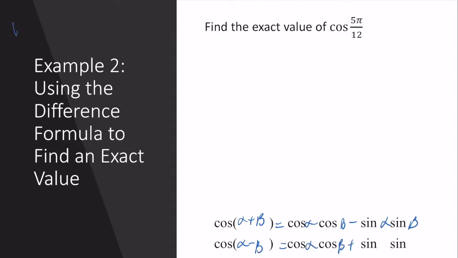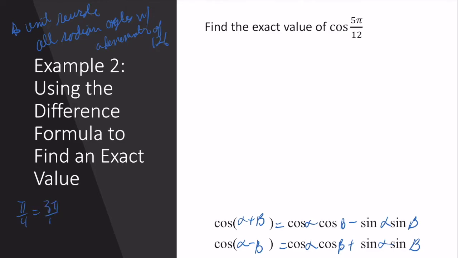I went into my unit circle and I rewrote all radian angles with a denominator of 12. Okay, what does that look like? Well, that means, if I had pi over 4, I rewrote that as 3 pi over 12.